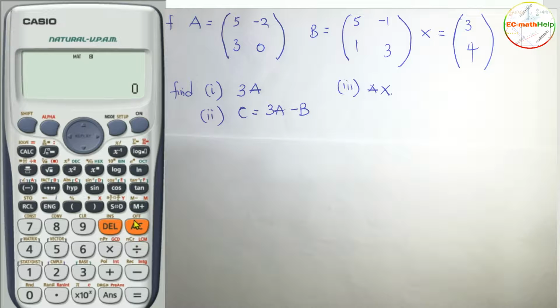What we have to do now is to compute the value of A times x. So we move on the same way, shift, then matrix, which is 4.